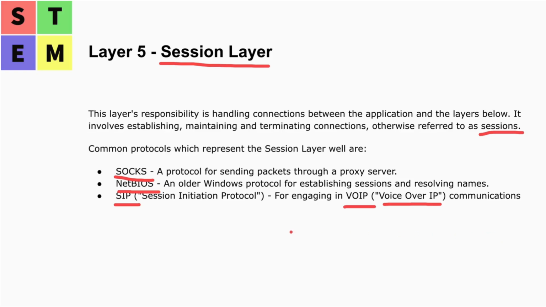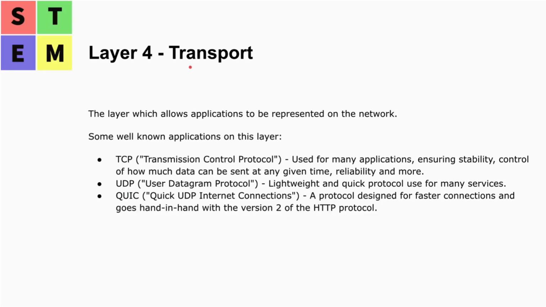And let's take a look at the next layer, layer 4, transport. The transport layer allows applications to be presented on the network. It really connects the hardware and the software piece.